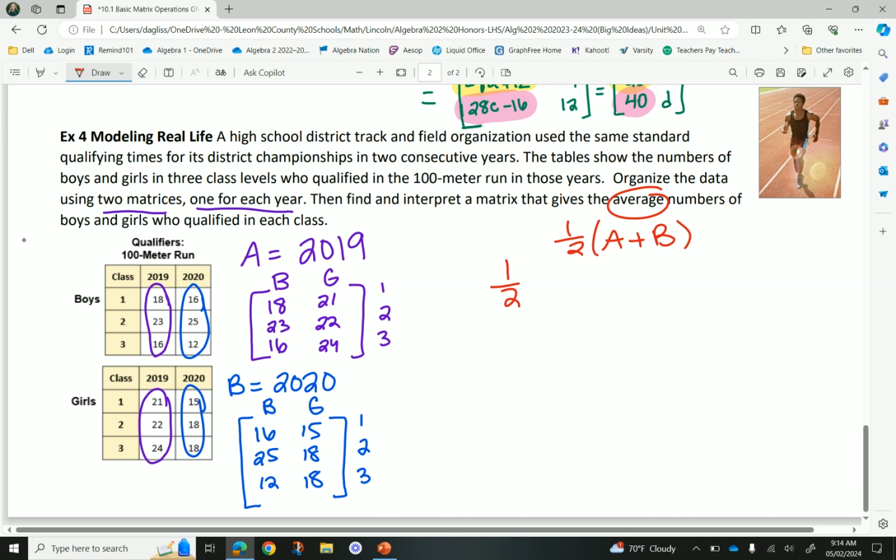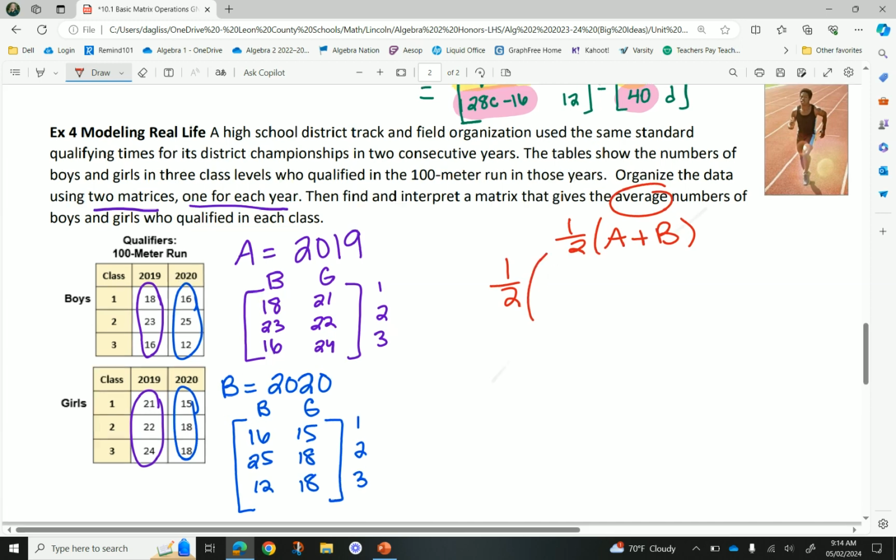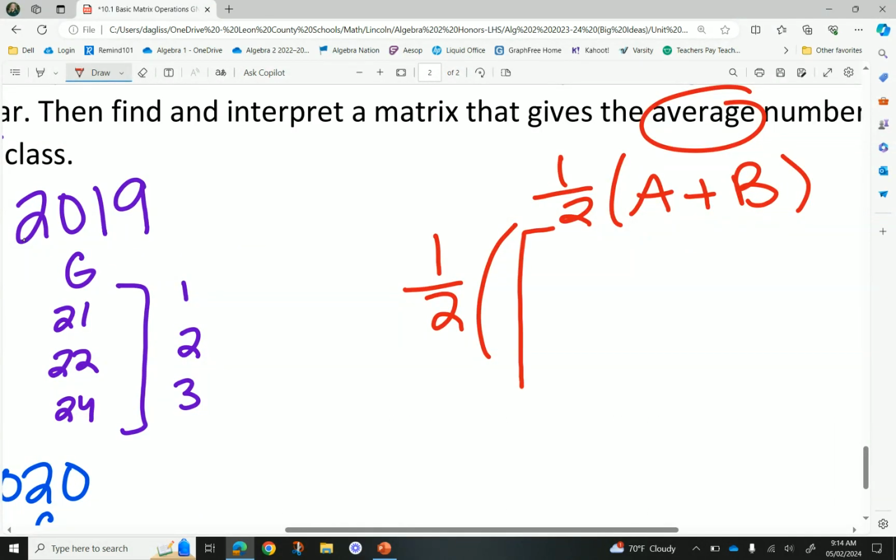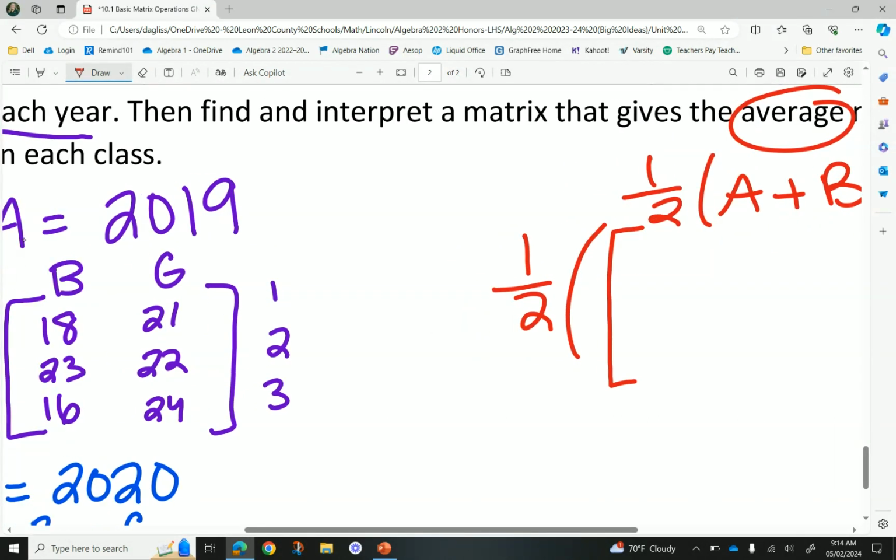All right, so we're going to do 1/2 of, oh, that matrix is not big enough. Matrix A, which is 18, 23, 16, 21, 22, and 24.